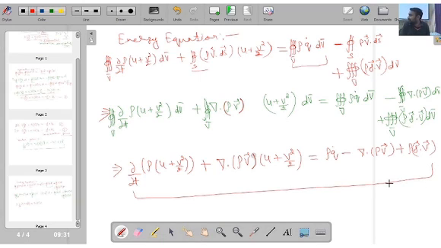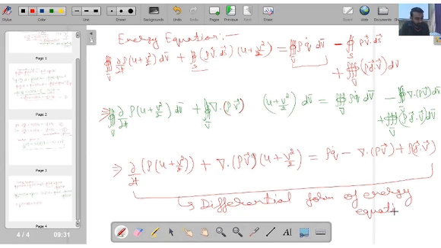So this is my differential form of the energy equation.